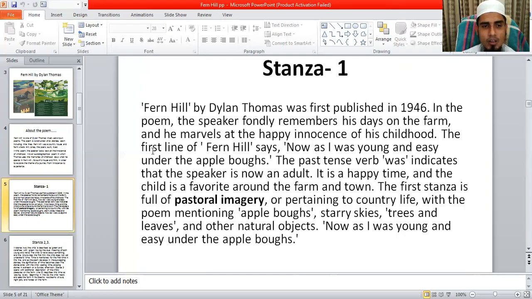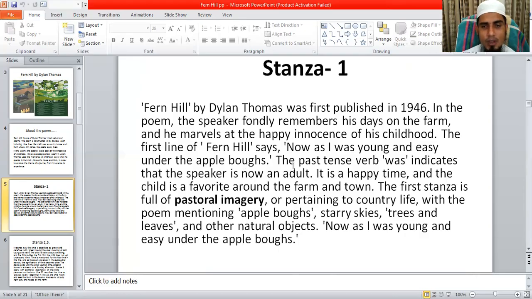The first line of the poem says, "Now as I was young and easy under the apple boughs." He starts narrating in this way.